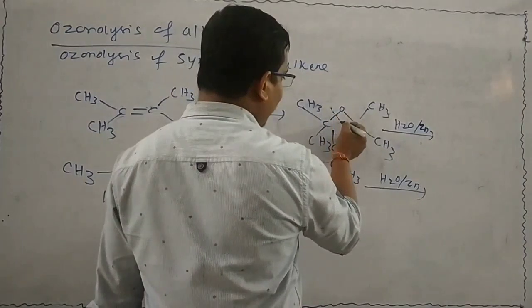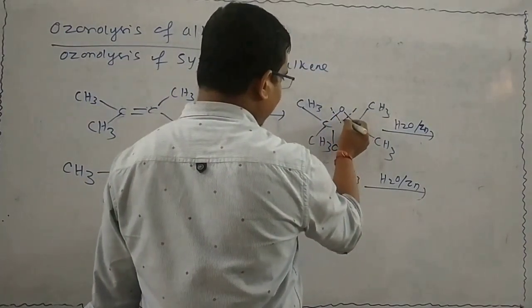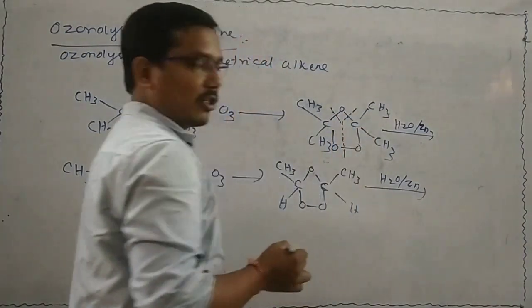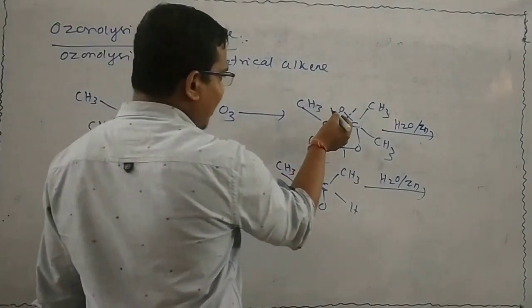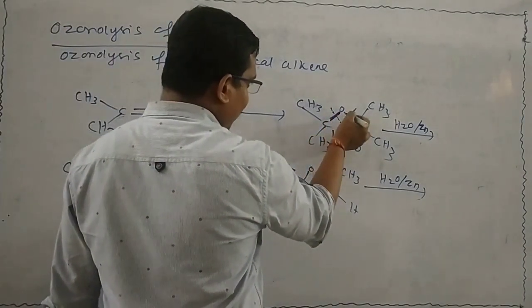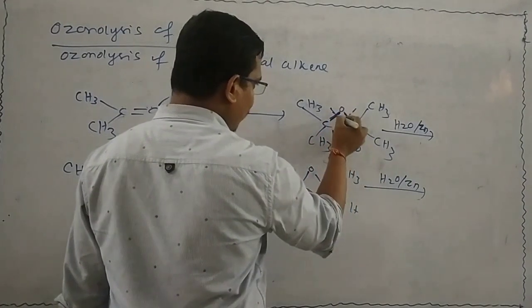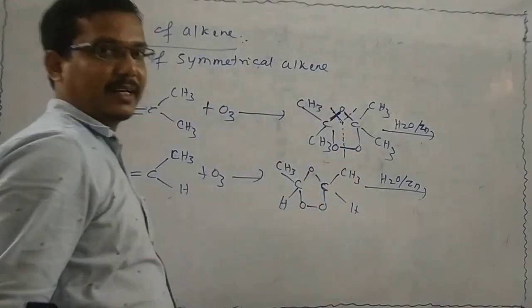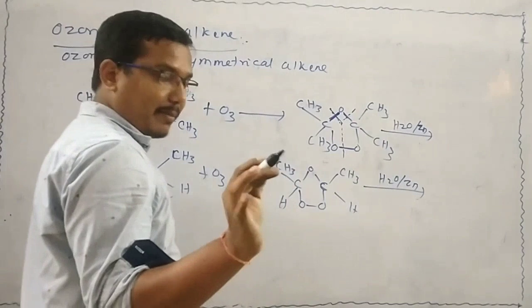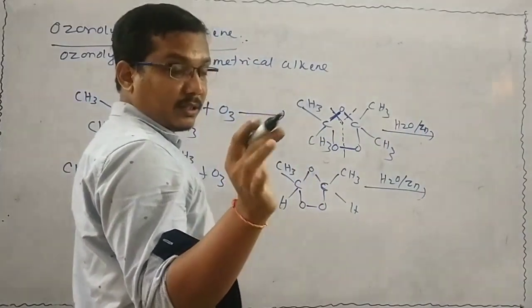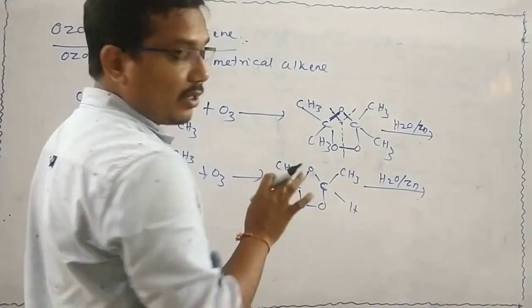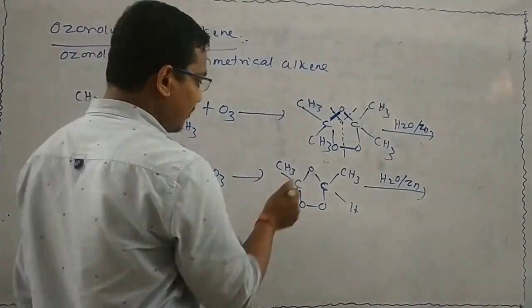Now take a Y-like structure. This is your Y-like structure. That means I will break down this one, this one, this one. That is your Y-like breakdown. Only remember, this is only one type of trick, this is not a mechanism.